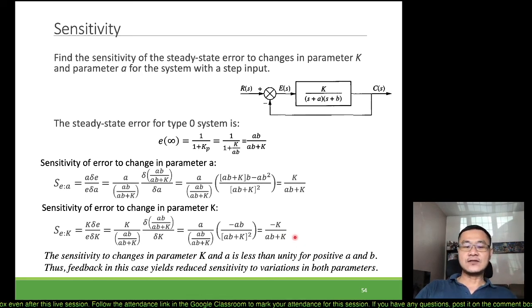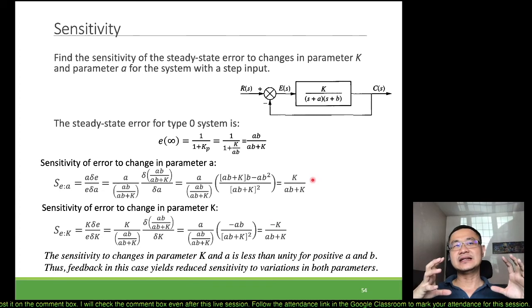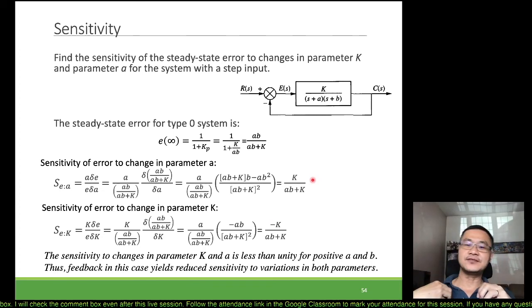Because of that, the feedback in this case gives us a reduced sensitivity. The effect is reduced instead of increased when we change the ab terms.